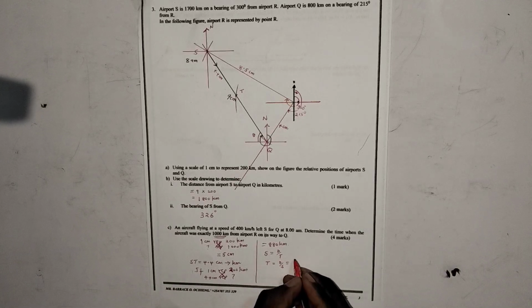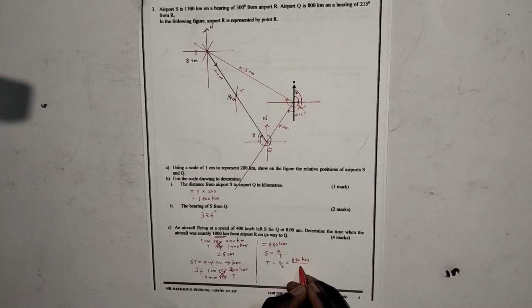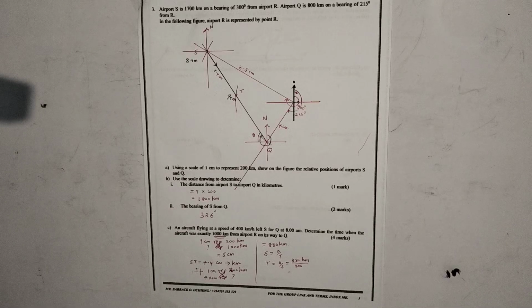So our distance is 880 kilometers and the speed is 400 kilometers per hour. Divide that so that we can get the time it took to fly from S to T. 880 divided by 400 gives me 2.2 hours.